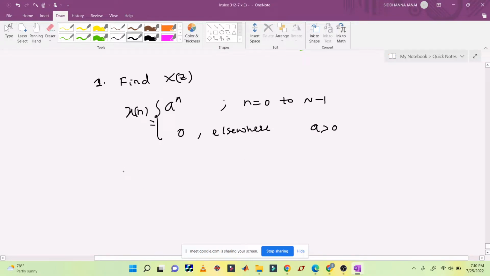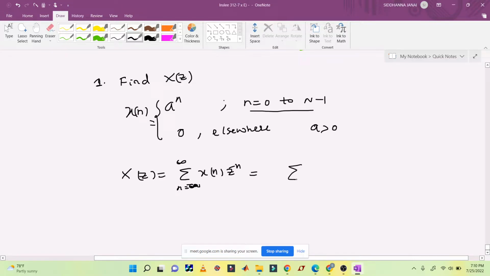As we know, the Z-transform equation is X of z equal to summation n equal to minus infinity to plus infinity of x of n z power minus n. Now the limits are from 0 to capital N minus 1.